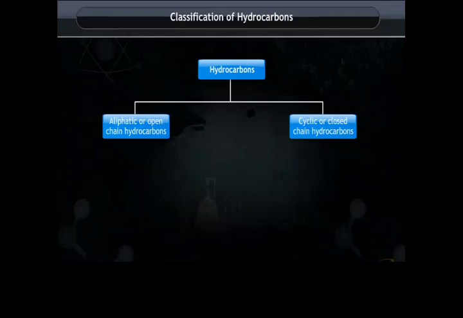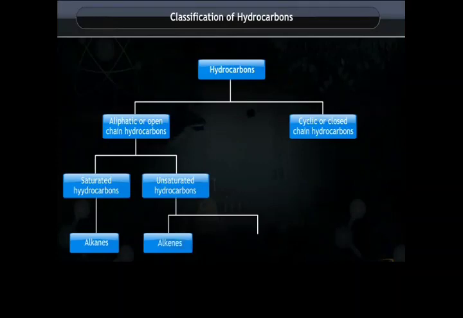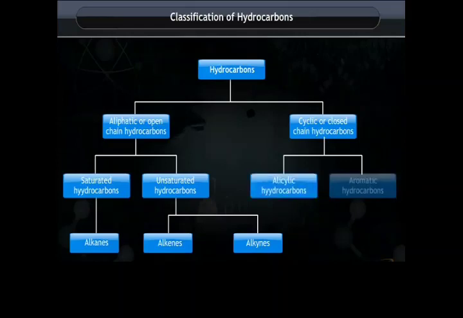Aliphatic or open chain hydrocarbons are further classified into saturated and unsaturated hydrocarbons. Saturated hydrocarbons are classified as alkanes, and unsaturated as alkenes and alkynes depending on the carbon-carbon bond. Cyclic or closed chain hydrocarbons are further classified as alicyclic and aromatic hydrocarbons. Click on any one of the buttons to know more about it.